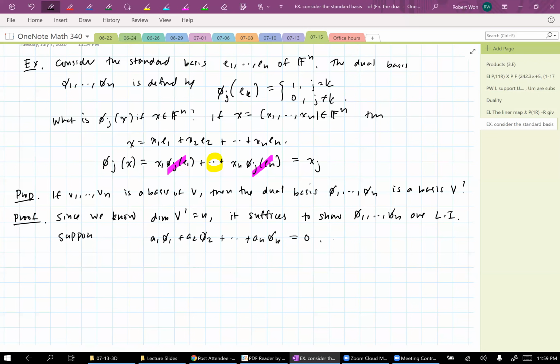It's happening in V dual. The a's are scalars, the phi's are functions from V to F. So this zero is the zero of V dual, the zero function on V, which sends every vector in V to zero.